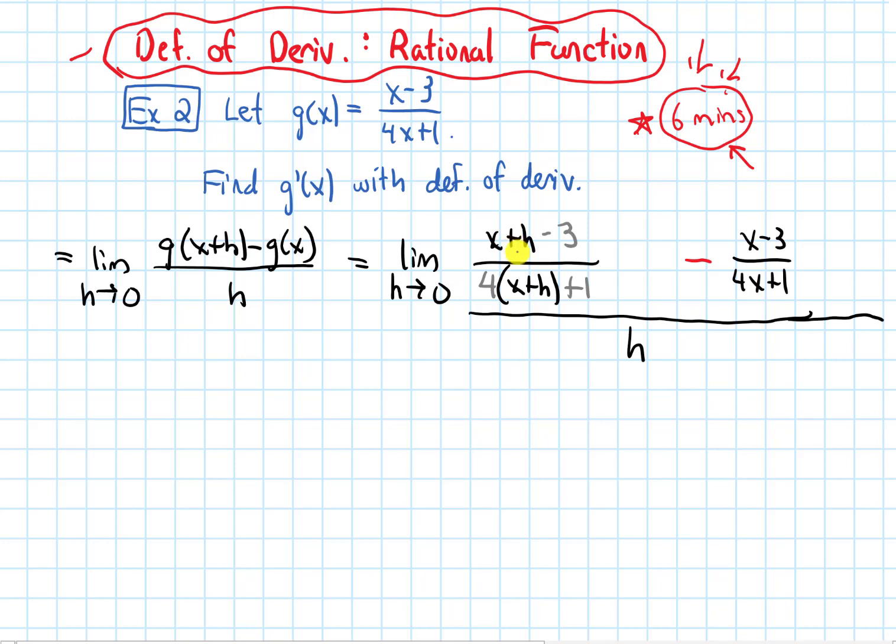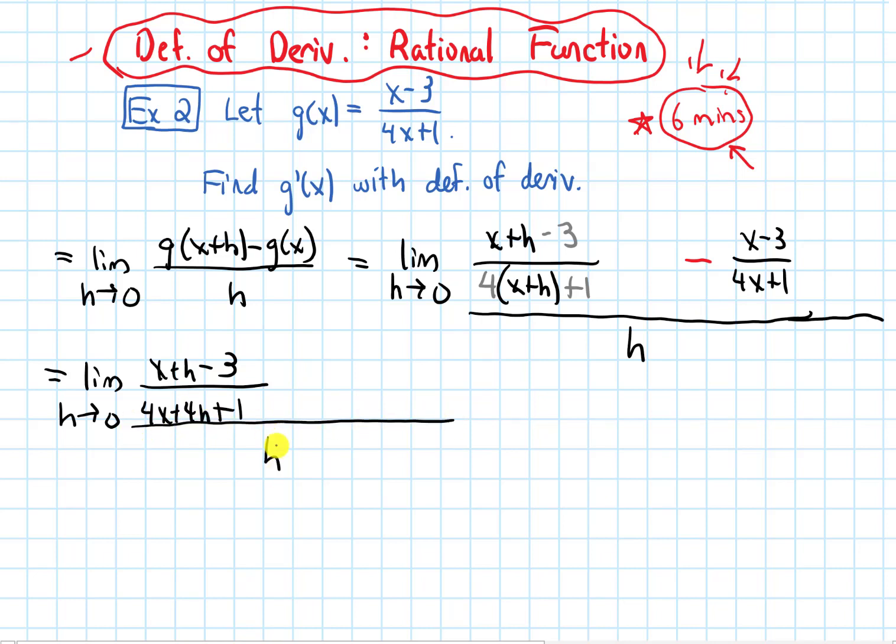On the numerator now, we have these two fractions that we're subtracting, and they have different denominators. So we need to get a common denominator. Let me do that in the next step. So we have x plus h minus 3 over, let me distribute the 4 to get 4x plus 4h plus 1, over the h, minus x minus 3 over 4x plus 1. Now let's get a common denominator.